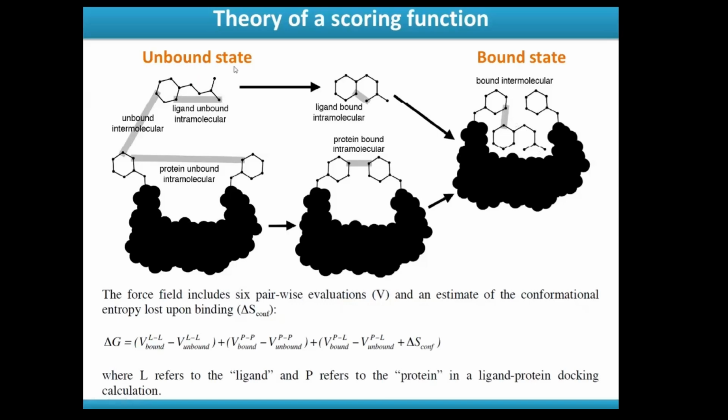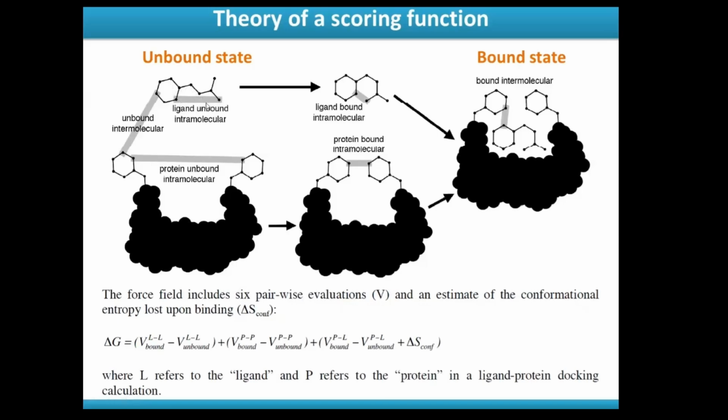So in the unbound state, there are three different terms here, 1, 2, 3, which are shown in gray lines. Basically, ligand unbound intermolecular, that is, within the ligand there are two atoms, or this is true for every particular atom. So within two atoms, what are the interactions?